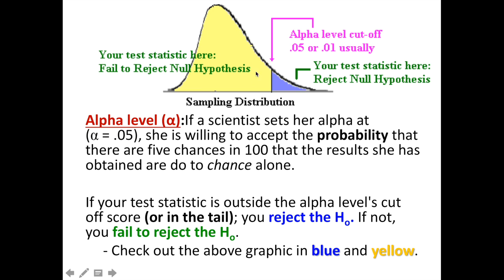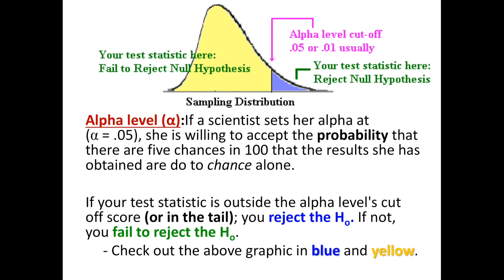If their sample mean falls in this yellow zone, the safe zone, your new teaching method wasn't that effective. But if your sample mean falls in this critical region set by the alpha level, you can say, I'm going to reject the null hypothesis because teaching whole word reading is very effective.